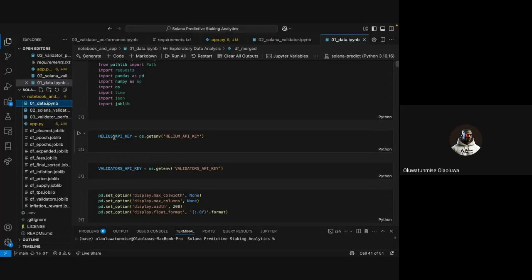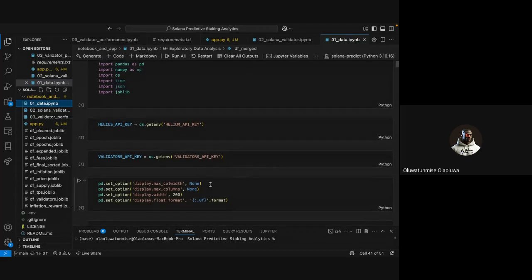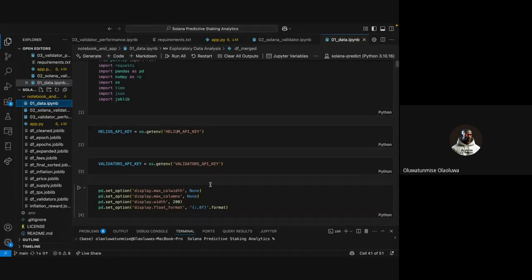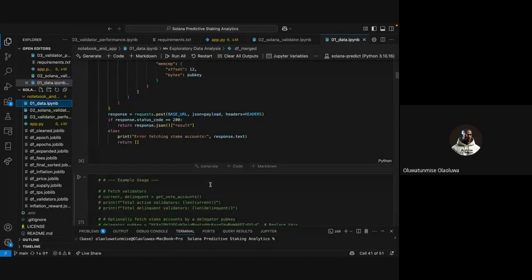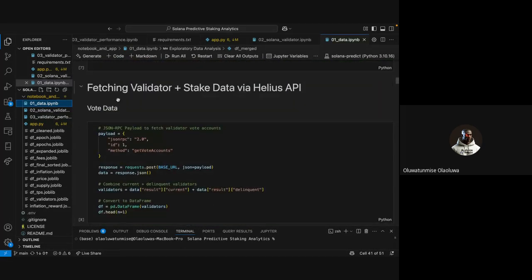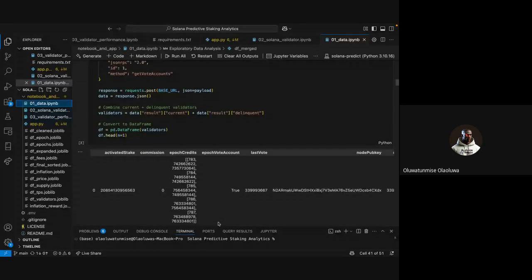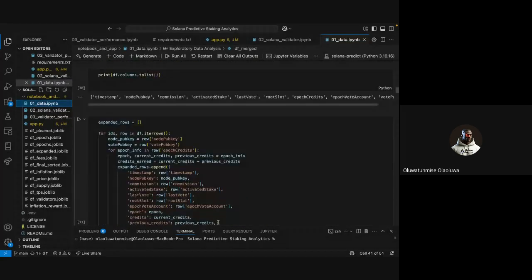My goal here was to create a Solana validator dashboard, which means a dashboard that tracks validator activities on Solana. And here I put out the codes, fetching the stake data and all.